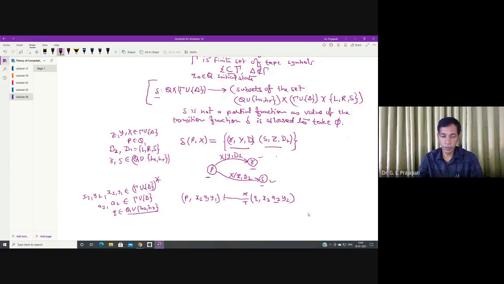A2 can be either a tape symbol or a blank. And here Q can be any non-halting state or any halting state. So this is the configuration. When Q is a halting state, then your machine halts for the input.